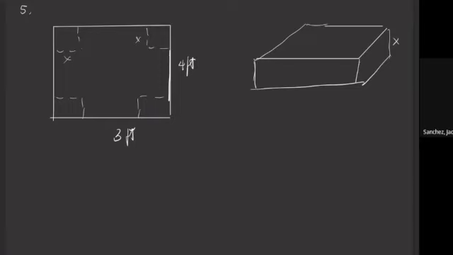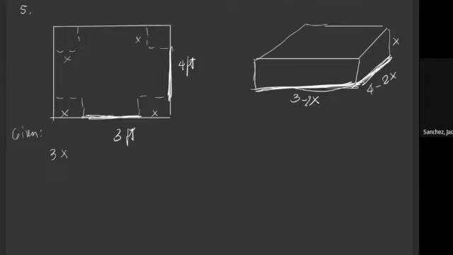If this is 3 feet, then you cut 2 x's. So this is 3 minus 2x. And this side here is 4 minus 2x. Right?